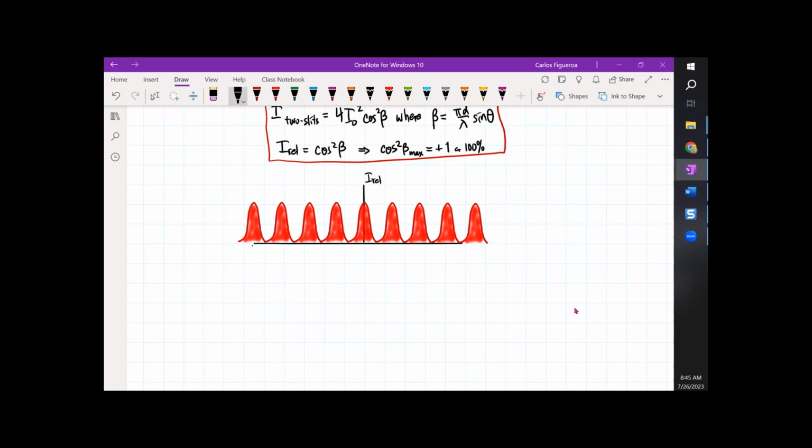And this whole line up here really tells me that this represents the maximal value. They all have the same intensity. So then we say that this is 100% of the intensity at this line.